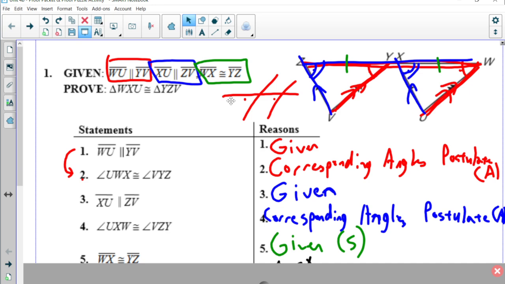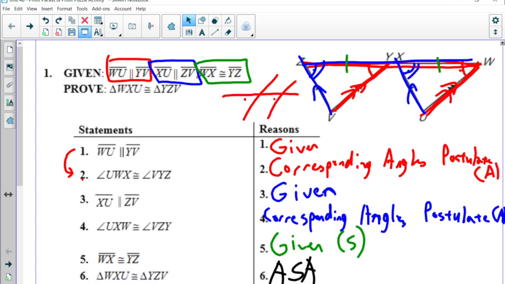Right? It is right there. This one in between those two angles. So, therefore, our method, angle, side, angle. Side included between those two angles. And that's the end of our proof.